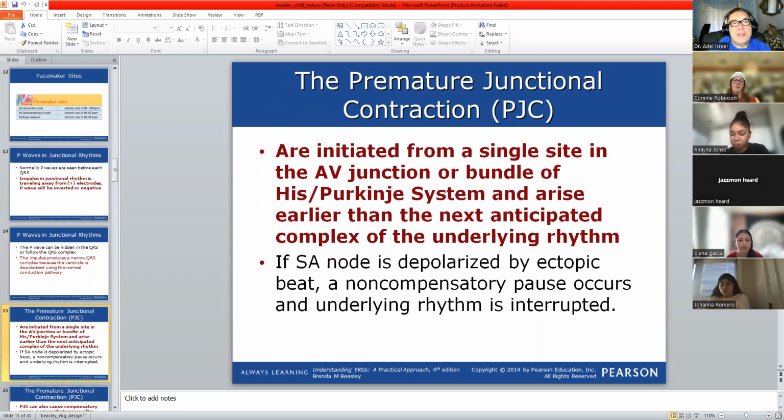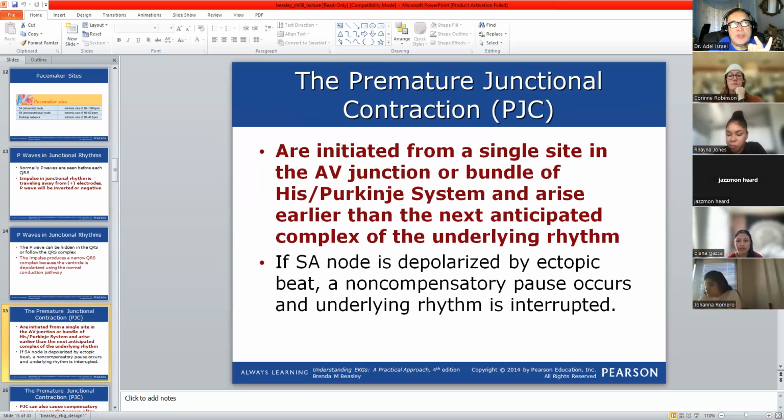Like we learned before, we have a premature contraction. Also in junctional, we will get premature beats. Again, I remind you that we had three: premature atrial, premature junctional, premature ventricular. We touched the premature atrial.